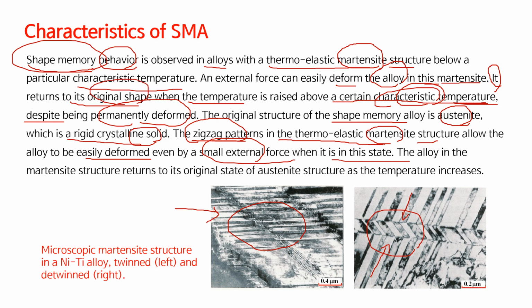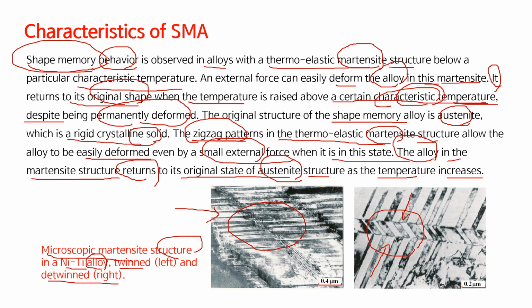That is the characteristic of the shape memory alloy. The alloy in the martensite structure returns to its original austenite structure as the temperature increases. This figure shows the microscopic martensite structure of nickel titanium alloy, left twinned and right detwinned.